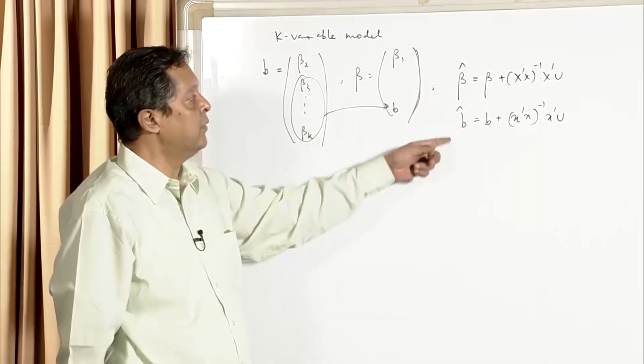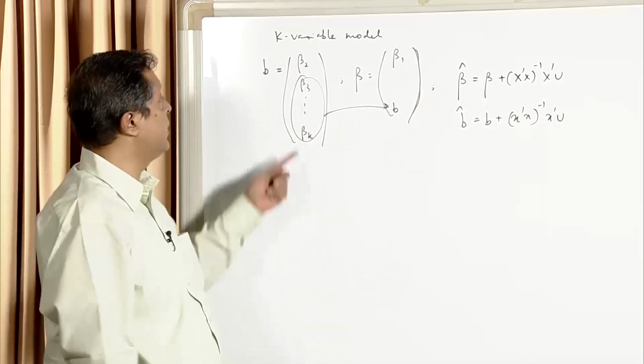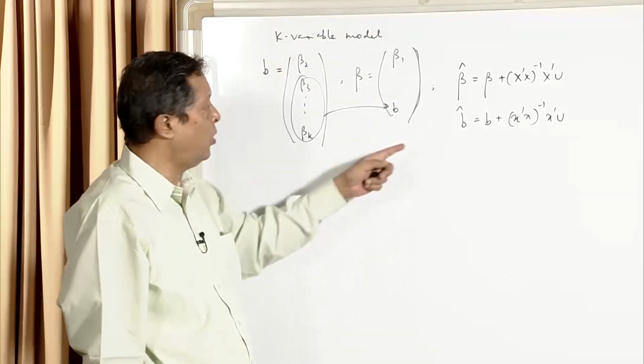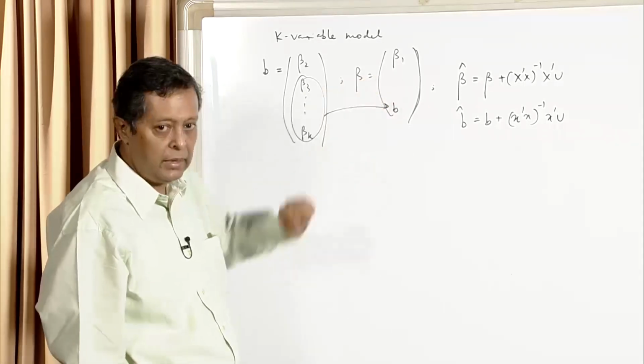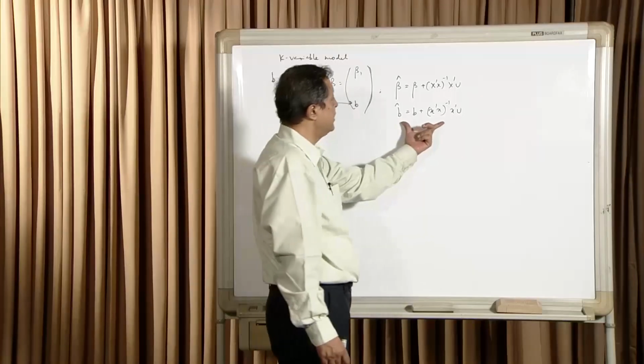So, we can use either of these two depending on whether we are interested in the entire range of the betas or just in the slopes. Oftentimes, we are interested more in the slopes than the intercept. So, let us take this example.